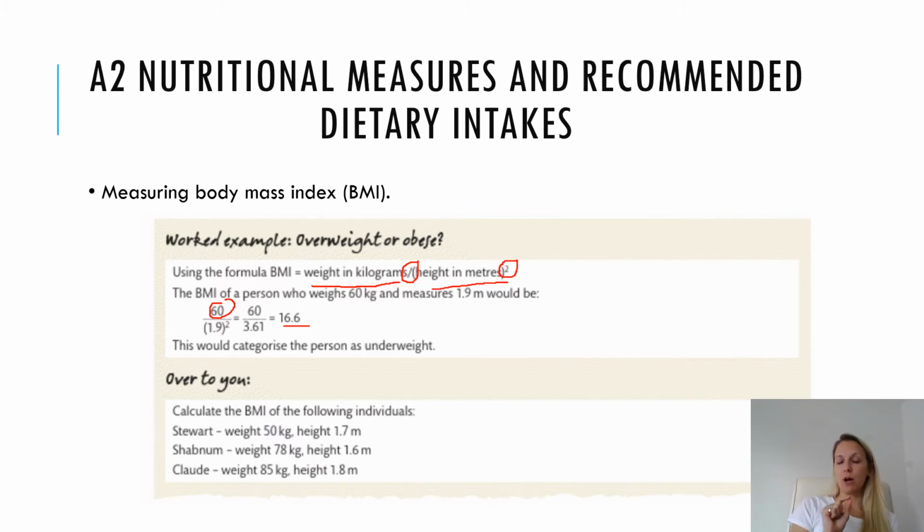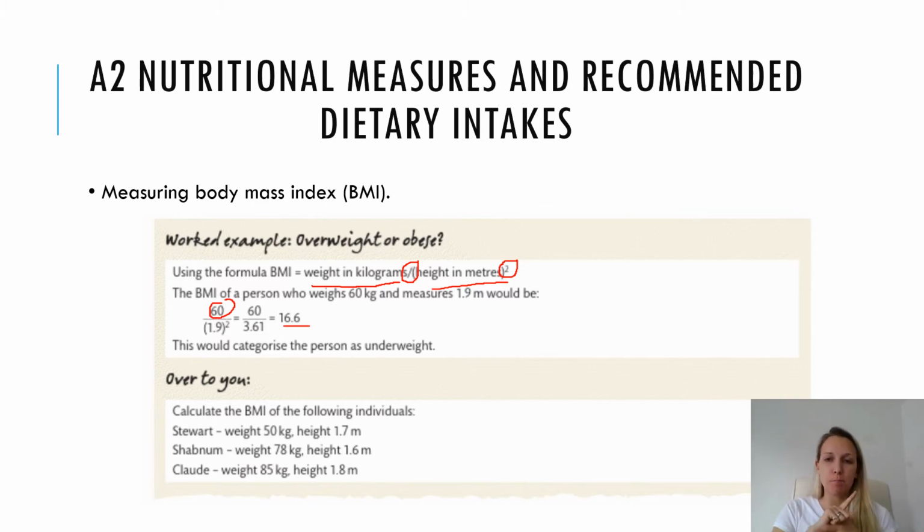However tall they are in meters, square it. And to square something, you times it by itself. So here it will be 1.9 times 1.9. So 60 divided by 1.9 squared, which is 60 divided by 3.61, because that's 1.9 squared, gives us 16.6.